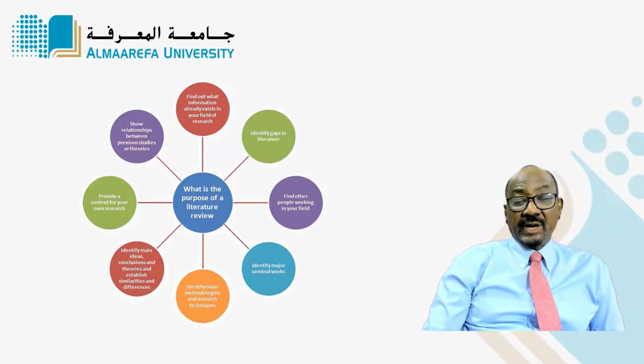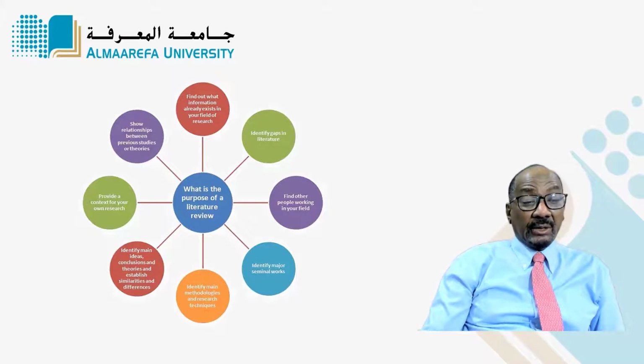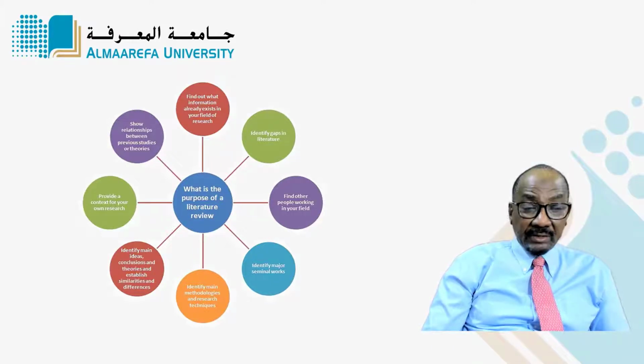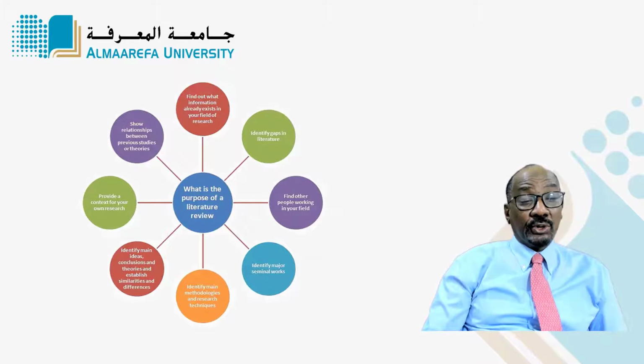You can identify major seminal works. You can identify main methodologies and research techniques. You can also identify main ideas, conclusions, and theories, and establish similarities and differences. Also, you can use it to provide a context for your own research.